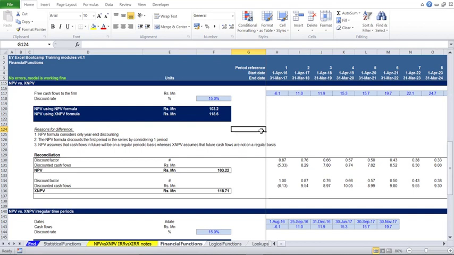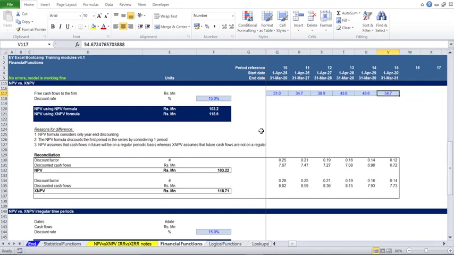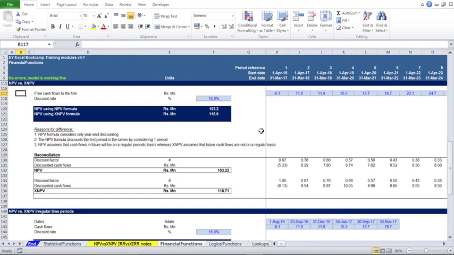But before that, let's see the example. The example gives us free cash flows to the firm, which is nothing but cash flows starting from year 1 up to year 15. We have the discount rate in row 118, which is 50.